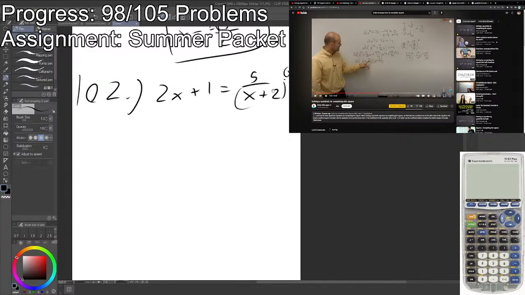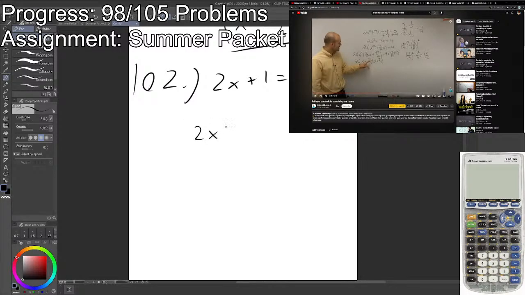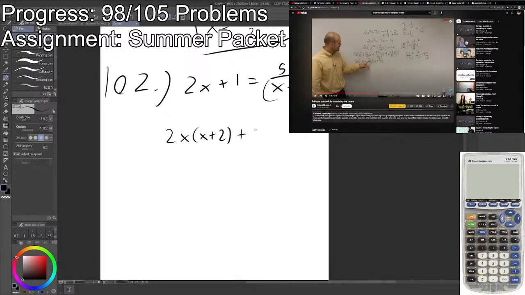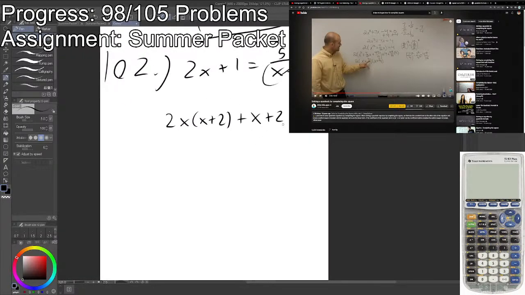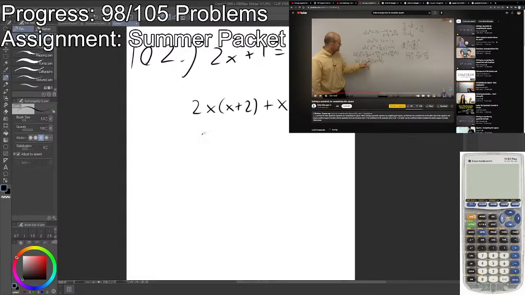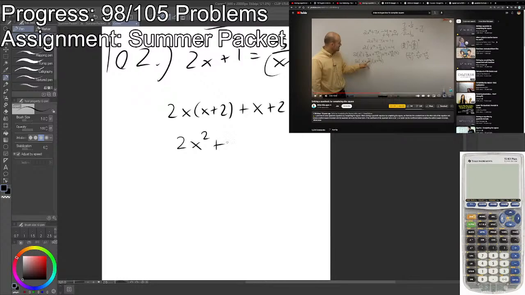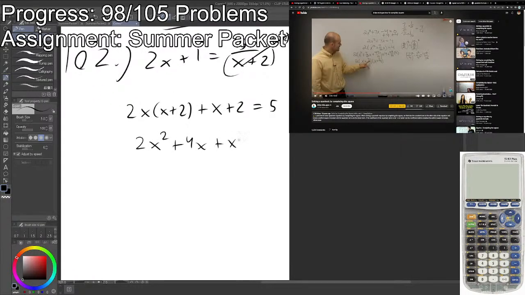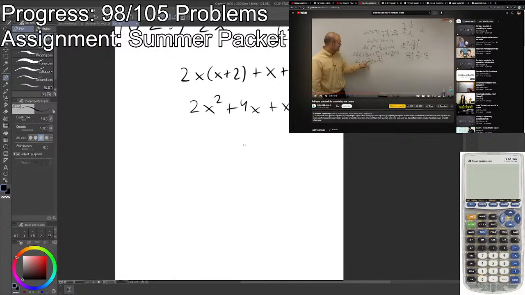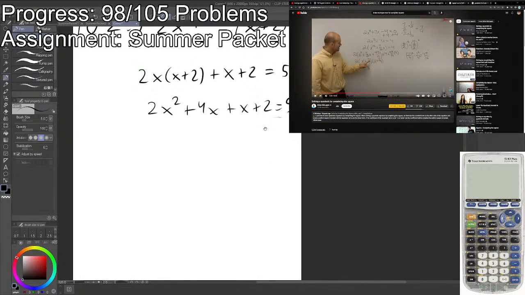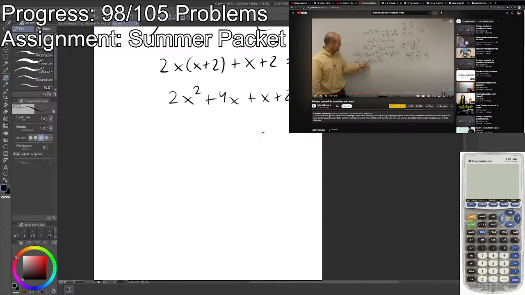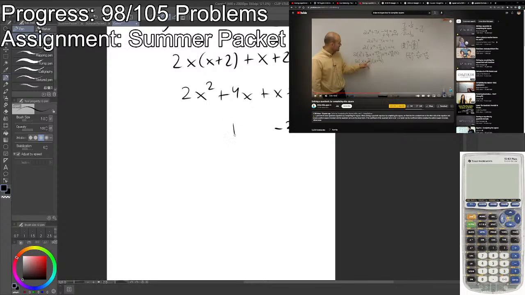Multiply x plus 2 both sides. Two x squared plus 4x plus x plus 2 equals 5. Okay. That's another one of these. Okay. Might as well subtract the 5 over because I already know what I have to do. Plus 5x, 2x squared. Okay.